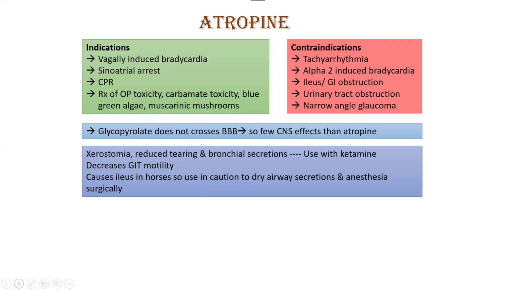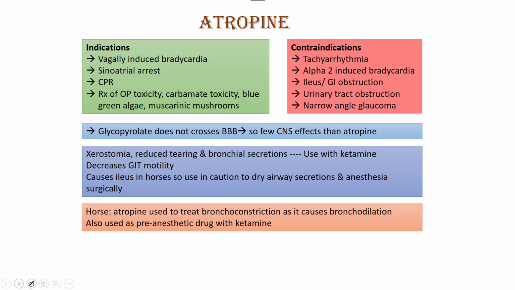Also, it is used to dry the airway secretions, and used as a preanesthetic in horses. This slide is a bit wrong. This statement ends over here. This is one statement and this is another statement. So it causes ileus in horses, so use caution. And atropine is also used to dry airway secretions and used in anesthesia surgically in horses.